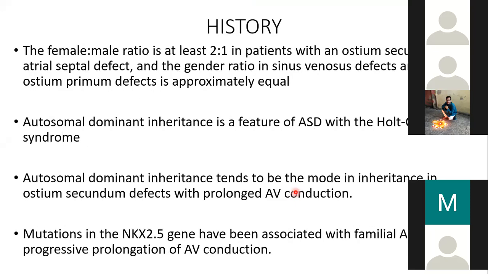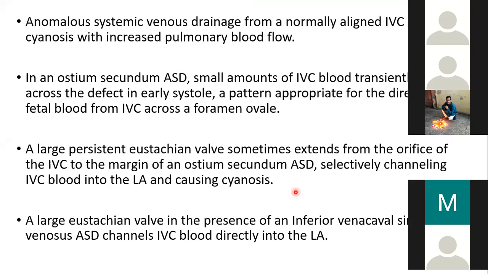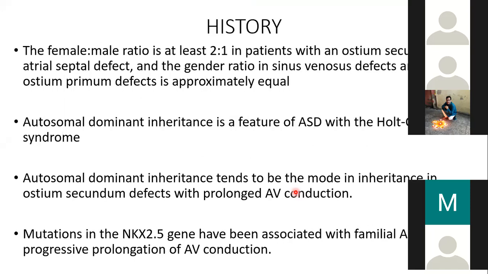So what is platypnea-orthodeoxia syndrome? Because you have talked of IVC blood draining like this. It is a condition where a patient has difficulty with breathlessness and desaturation in the sitting position, and it improves on lying down.